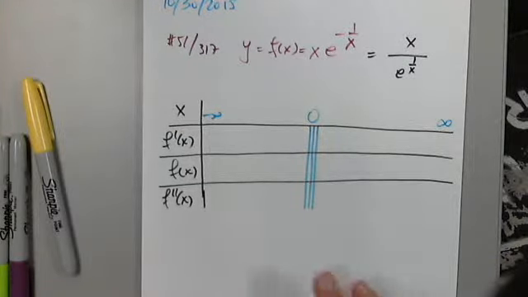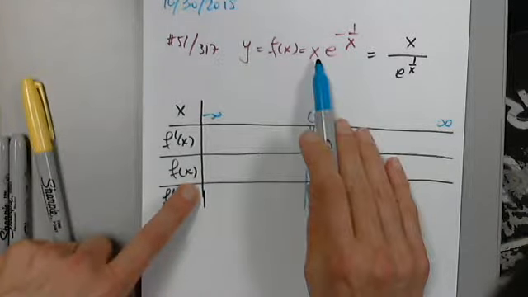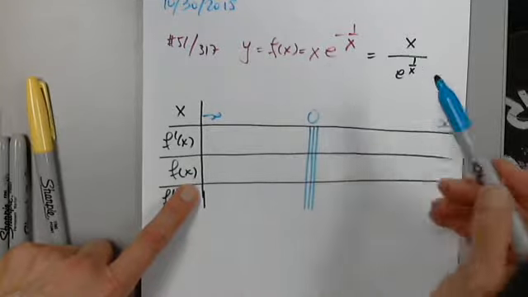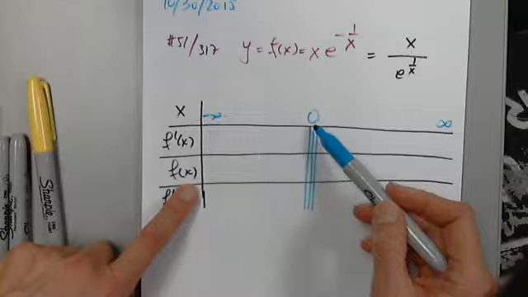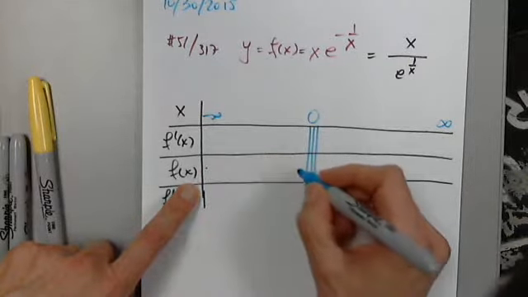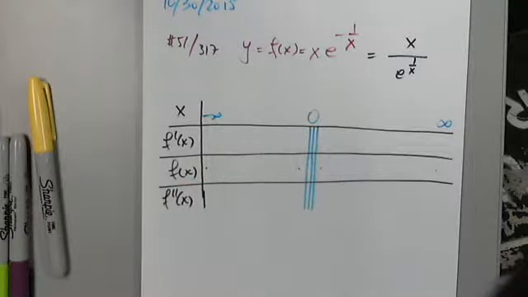So now I know that x and y intercepts don't exist, because I cannot set x equal to 0, I'm not allowed to put in 0. So there are no x and y intercepts. Therefore, I need something to put here, here, here, and here. And that's all I can find about the function from the function itself.